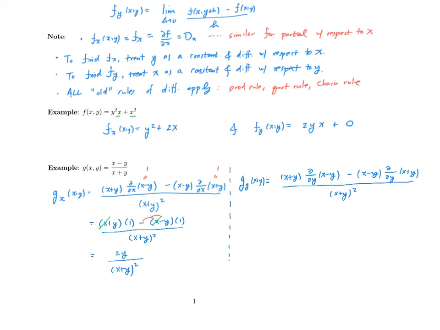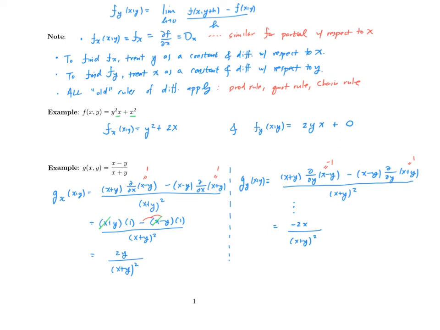That partial with respect to y in the first term is a minus 1 because we treat the x as a constant, and similarly a positive 1 in the second term. And I'll let you do the small amount of simplification required here, but you essentially have in the top from left to right minus x minus y minus x plus y. So the y's cancel, and we're now left with a minus 2x over x plus y quantity squared.